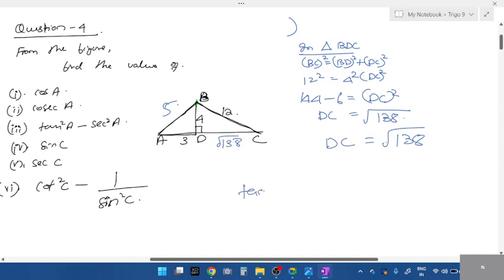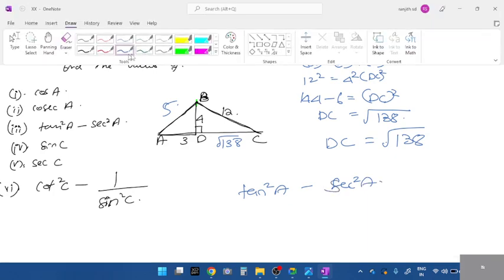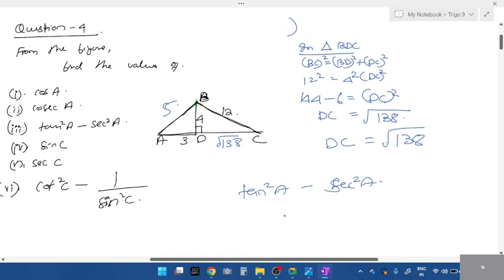Next, tan square A minus sec square A. What is tan, students? Perpendicular by base, so 4 by 3 the whole square, minus sec square for angle A. What is the sec value? Correct, hypotenuse by base is 5 by 3.